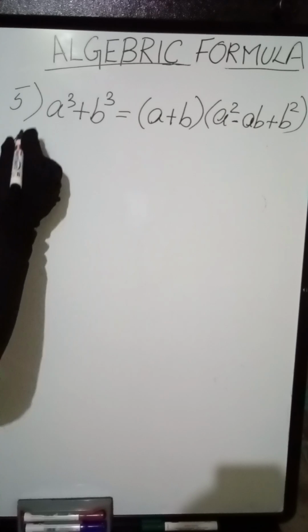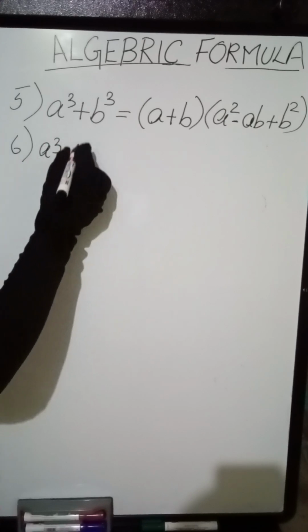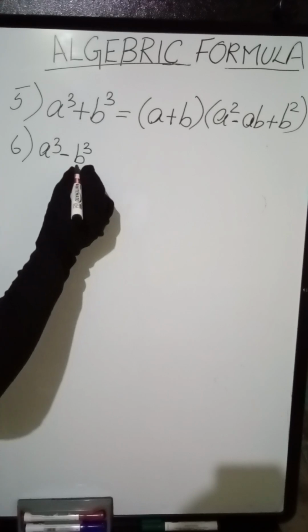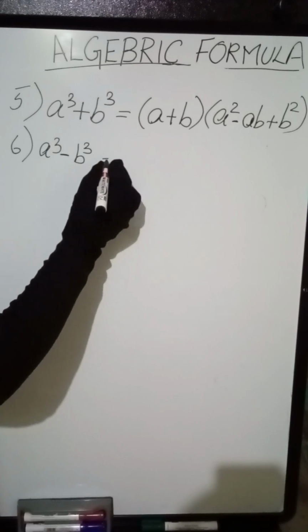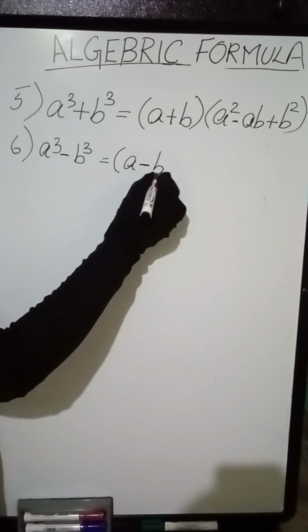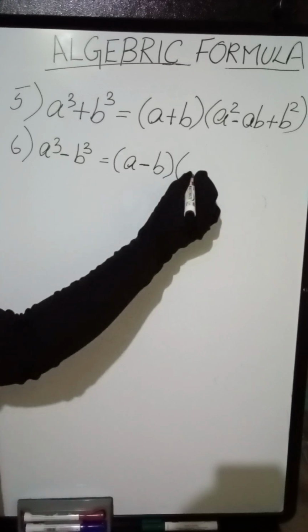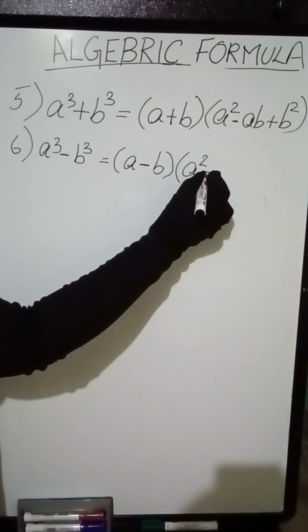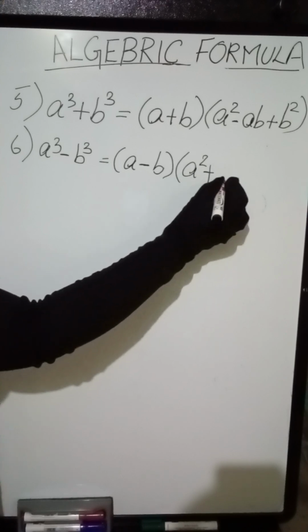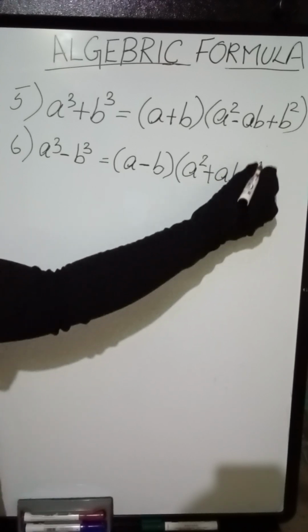Similarly, you'll see for a cube minus b cube, which will be equivalent to a minus b into a square plus ab plus b square.